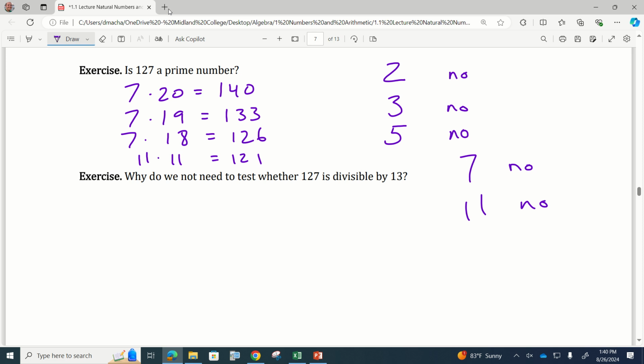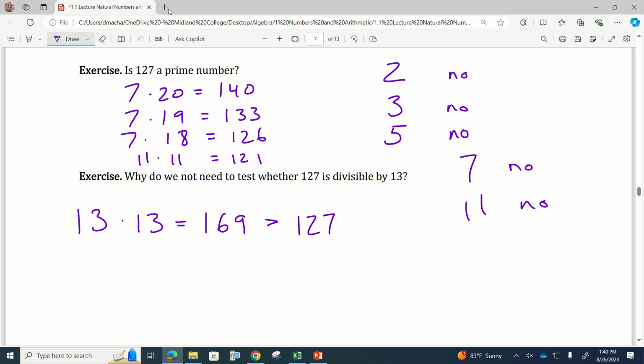Okay. I spoiled the surprise because my question's already on the board. We don't have to test whether or not 127 is divisible by 13. That would be the next prime we check. We would ask ourselves, is this 127 divisible by 13? But we don't have to because 13 squared is 169. 169 is greater than 127.